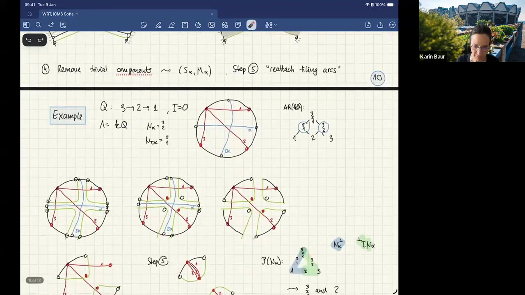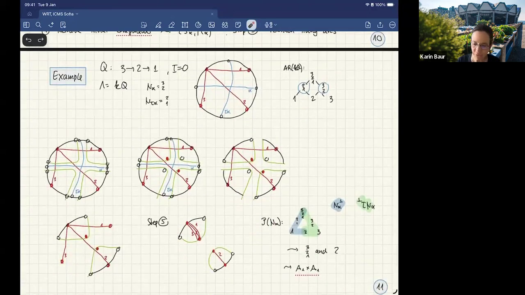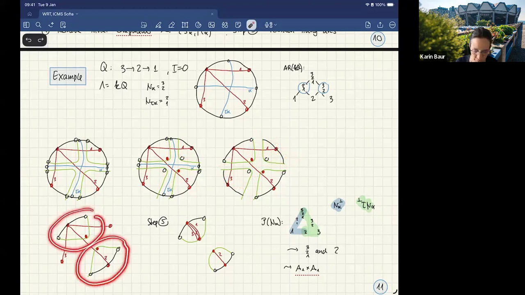So just one example. I had this very small algebra, type A3, and I have the modules 3,2 and 2,1. Then I cut along the ribbon. I get 4 individual pieces for the surface. There are some parts which are trivial because they don't have enough mark points. So I only have 2 connected components of the surface.